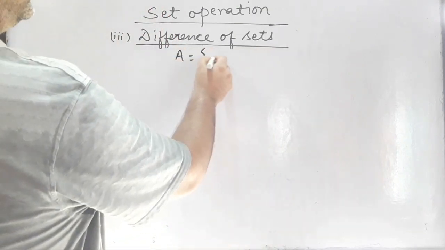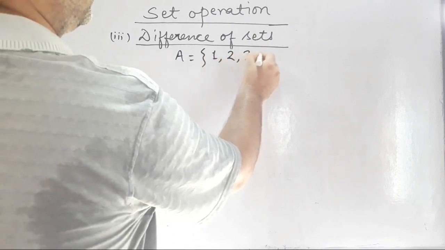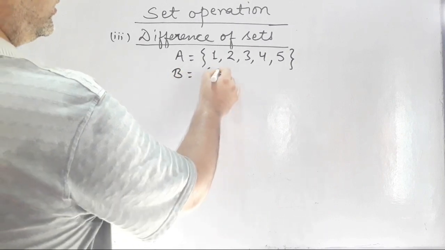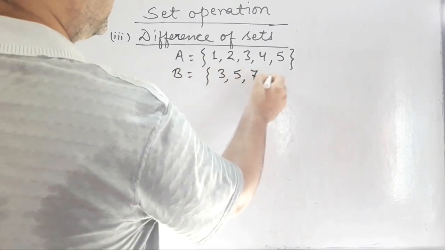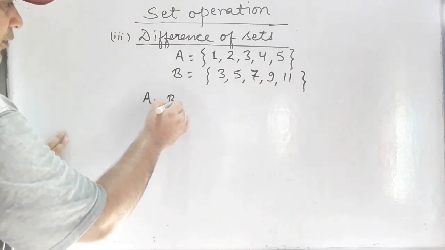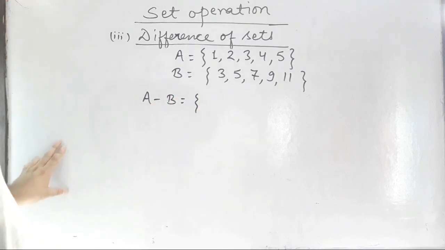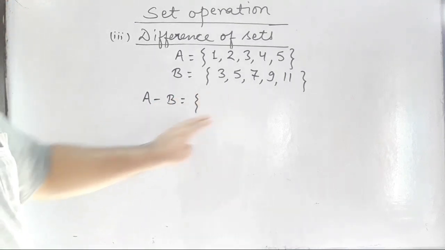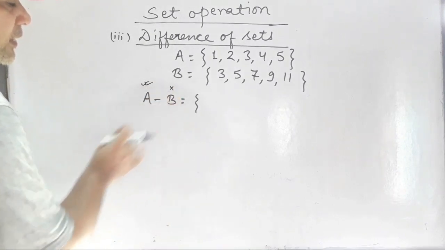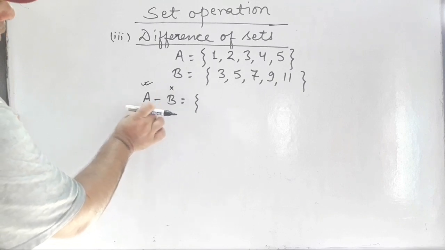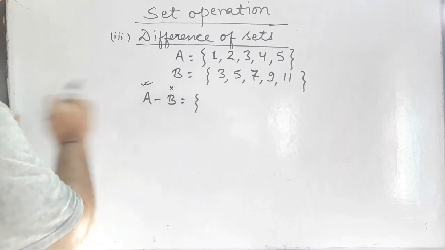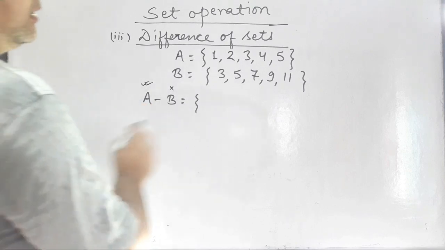Okay, let's understand clearly with an example. The set A contains the elements 1, 2, 3, 4 and 5. There is another set B containing the elements 3, 5, 7, 9, 11. Now A difference B. Here we shall list the elements that only belong to A but do not belong to B. Since it is A minus B, the set A comes at the beginning, so we shall list the elements that belong to only A. So what are the elements that belong to only A?